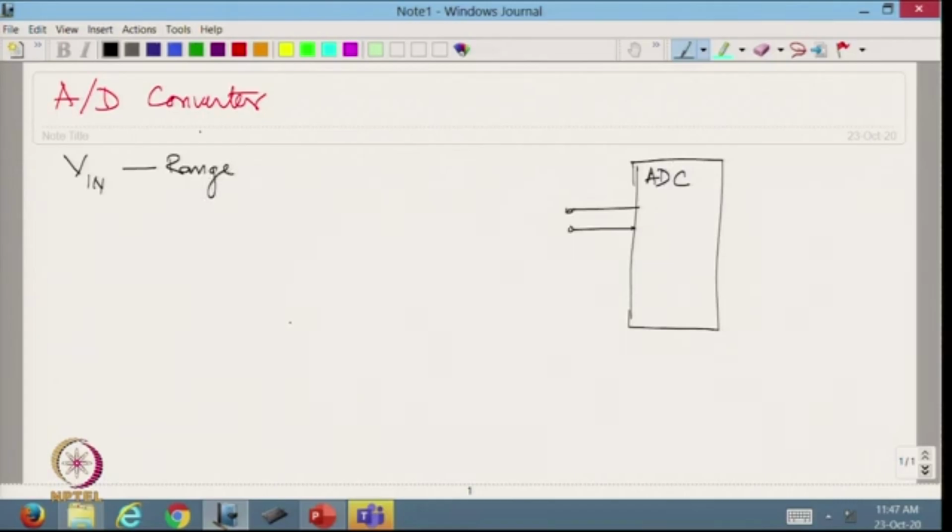This range could be adjustable, or we could have different A to D converters with different range. For instance, say it takes input 0 to 15 volts. That means your input signal has to be between 0 to 15 volts. If it is more than 15 volts, the input will still count as 15 volts only. A 16 volt signal will be interpreted by the A to D converter as a 15 volt signal.